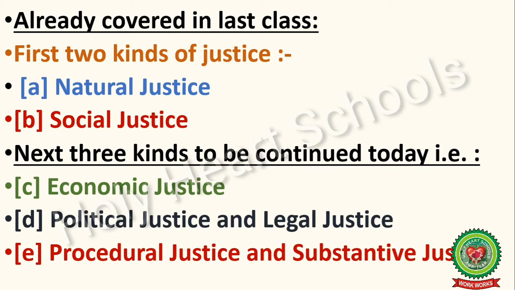And under social justice, I gave you the example of the railway board, that they give a 50% concession to senior citizens without any partiality of caste or color. That is social justice. Now today I will discuss the next three kinds of justice, that is economic justice, political justice and legal justice, and procedural justice and substantive justice.